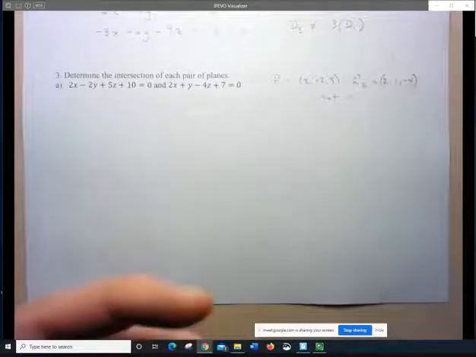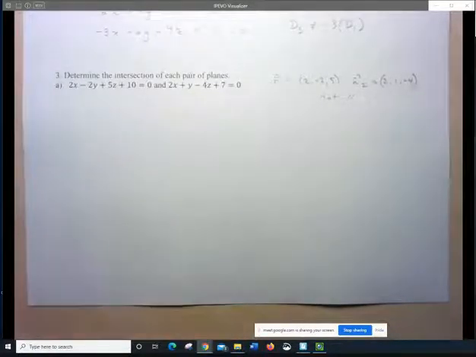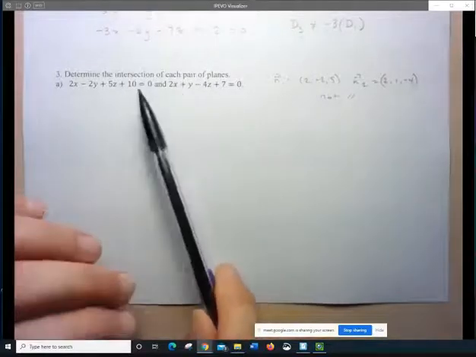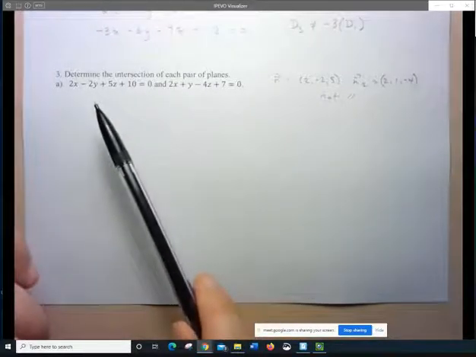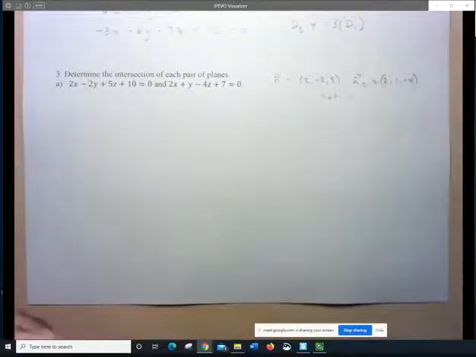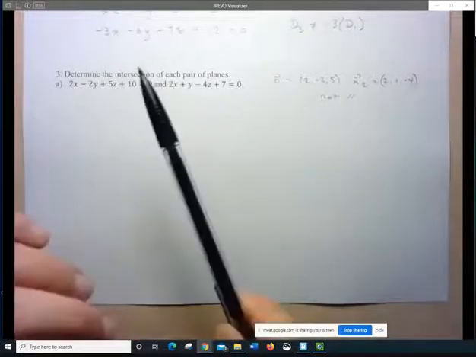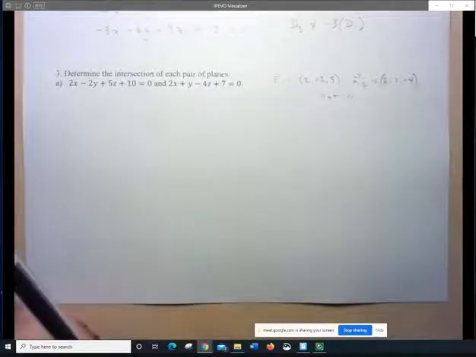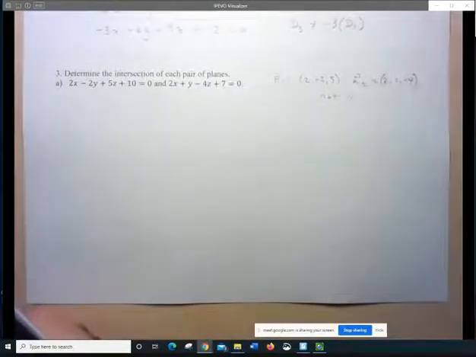I would say just equating them because they're both equal to 0 doesn't really help that much, because you still end up with three variables. But okay, somebody says elimination. Would substitution be a reasonable thing to do here? Can you see something that might encourage you to do substitution?